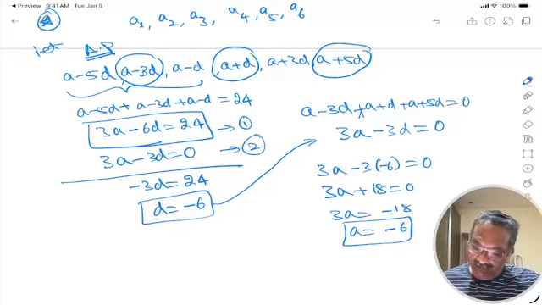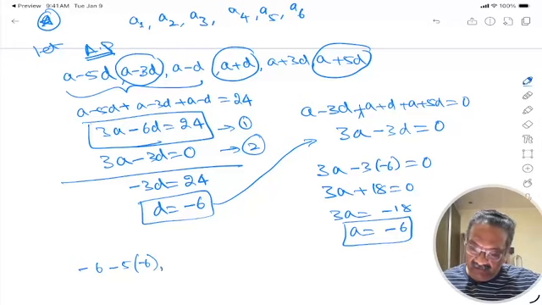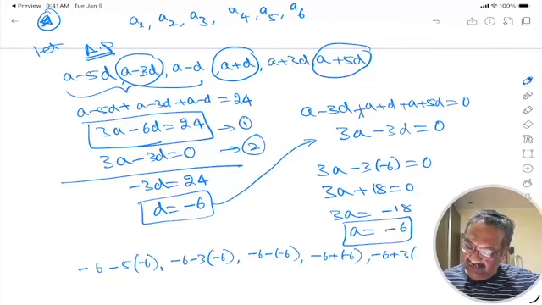So the AP will be A minus 5D, A minus 3D, A minus D, A plus D, A plus 3D, A plus 5D with the values substituted.